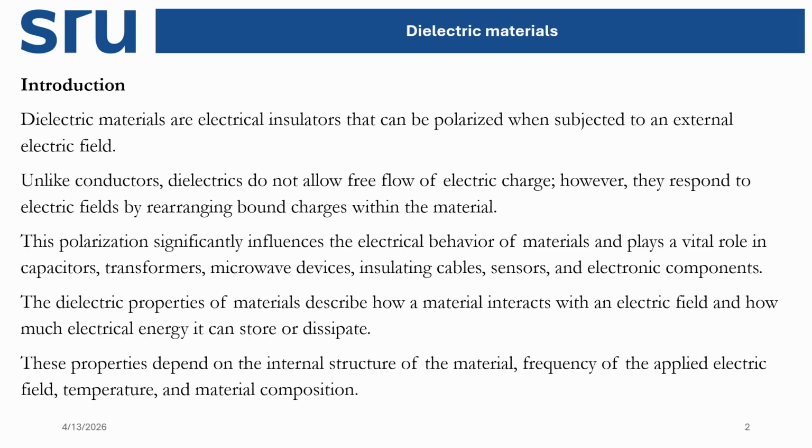So what is dielectric materials? A dielectric material is an electrical insulator that can be polarized when subject to an external electric field. We have different kinds of compounds called conductor, semiconductor, or insulator.